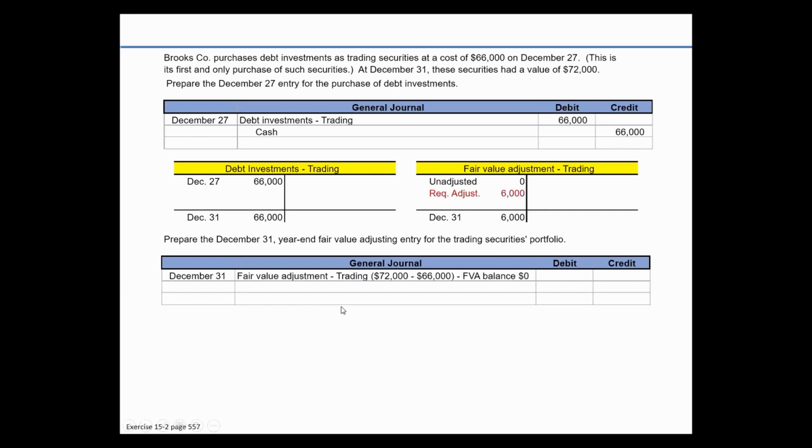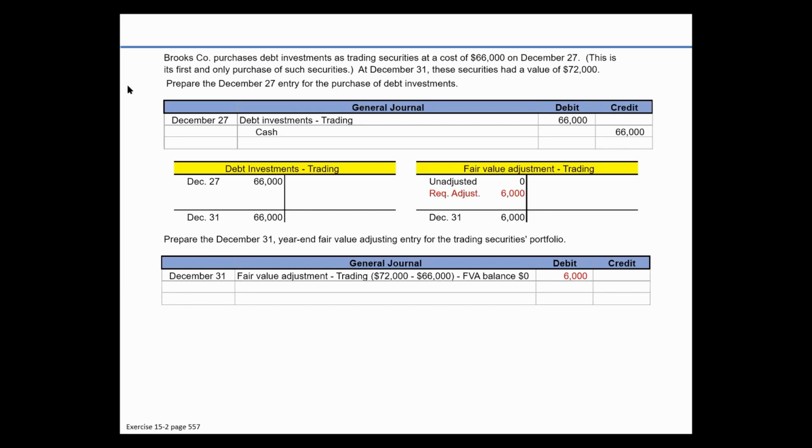So we're going to figure this out, that we had a fair value adjustment trading debit in the amount of $6,000. And the reason for that is that these debt securities are currently valued at $72,000. We paid $66,000 for them.